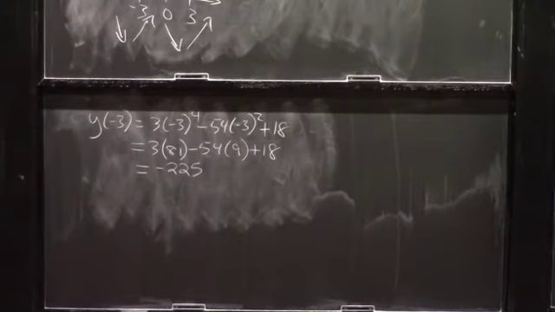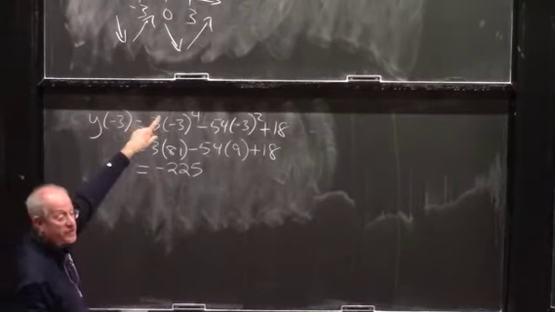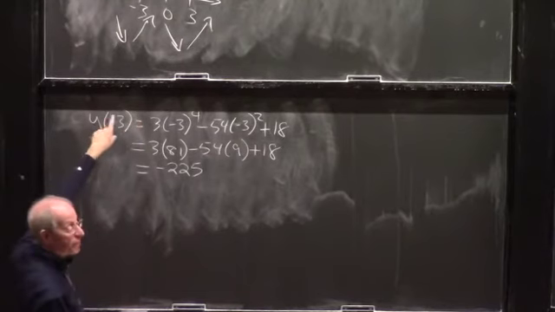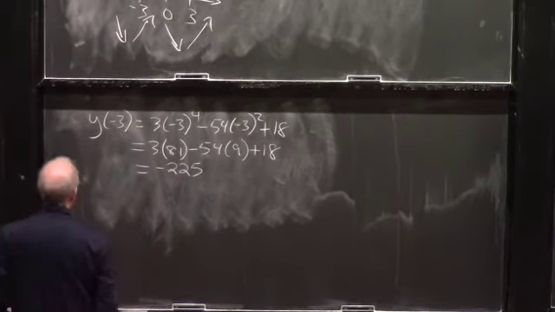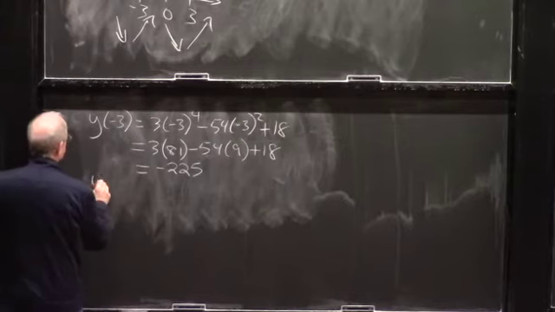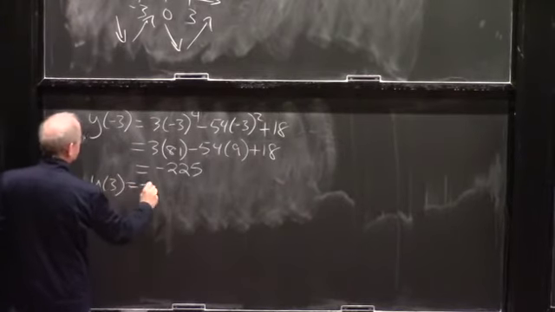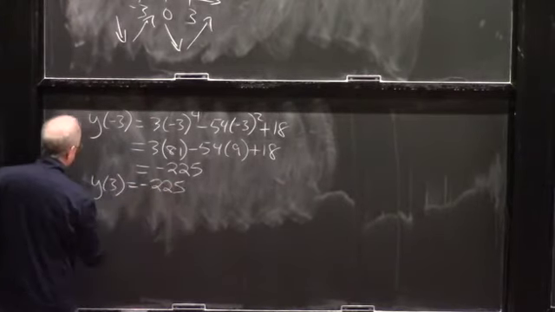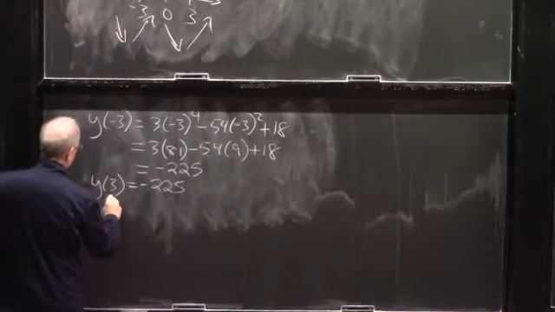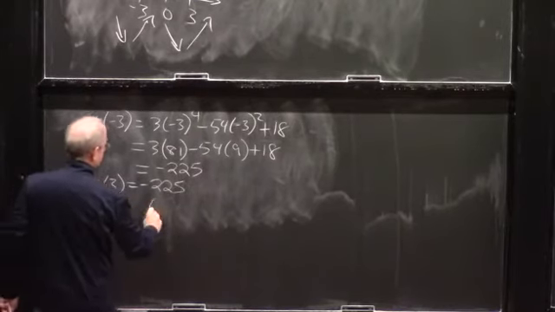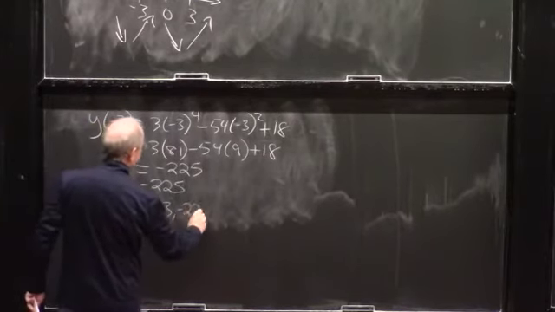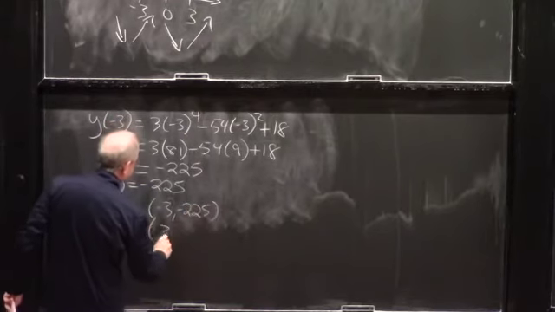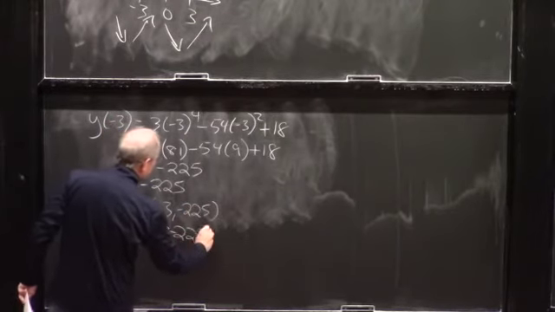And at +3, well, -3 to the 4th and -3 squared are the same as +3 to the 4th and +3 squared. Hopefully you noticed that that's also -225. So you have minima at (-3, -225) and (3, -225).